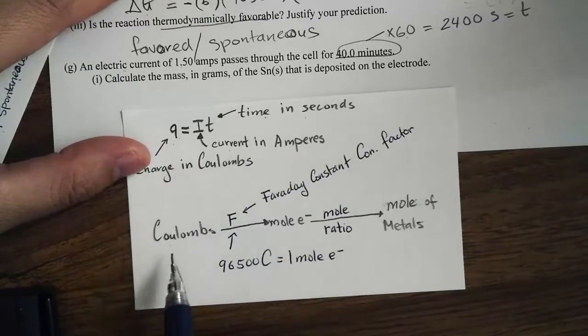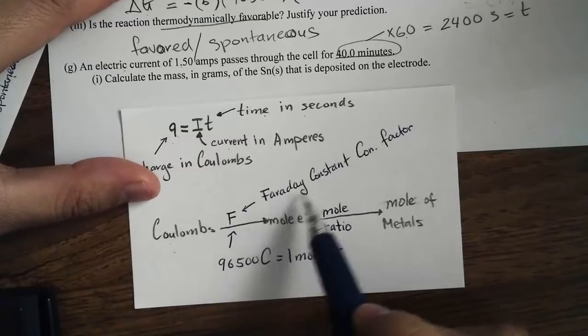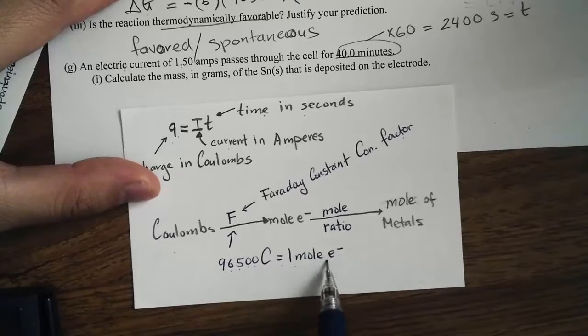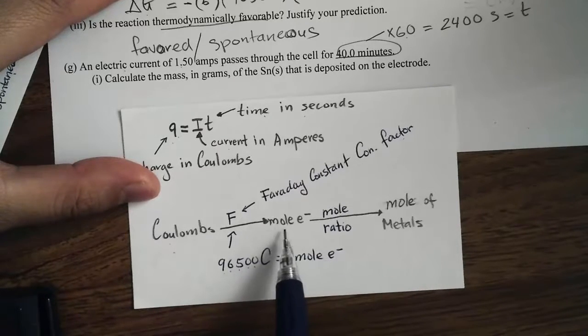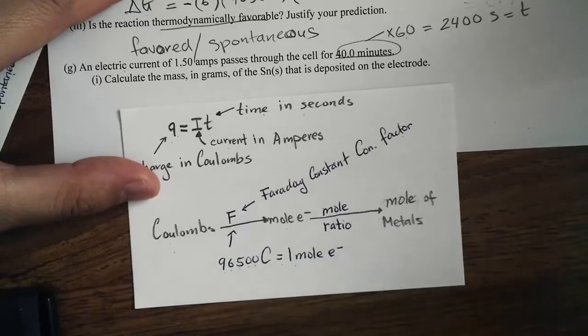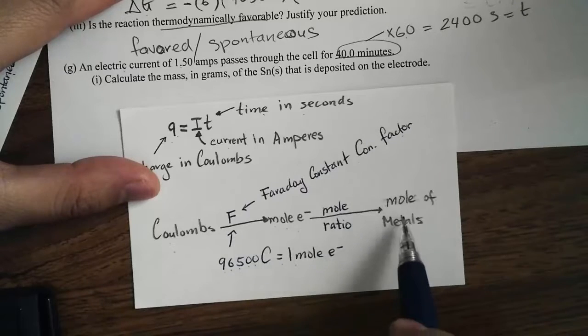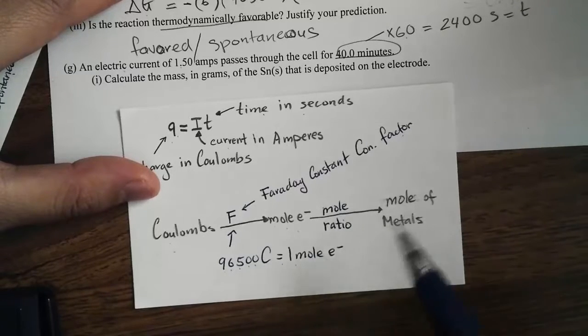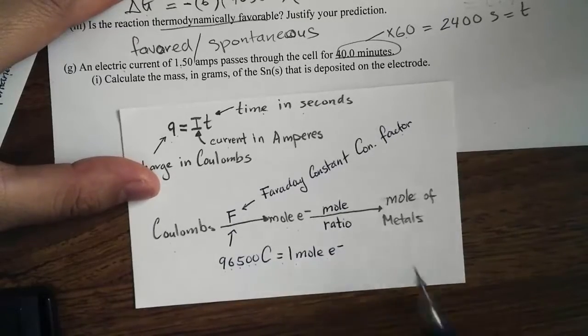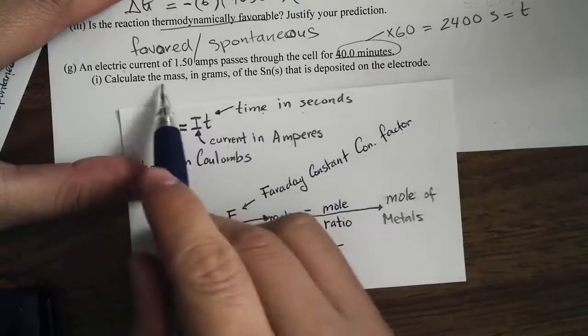Once you have coulomb, you can use the Faraday constant conversion factor, which is 96500 coulomb equal to 1 mole of electron, to solve for the number of moles of electron. And once you get the moles of electron, guess what you can do? You can now solve for the moles of metal. And once you get the moles of metal, you can solve for anything about that metal, which in this case, is the mass of the metal.